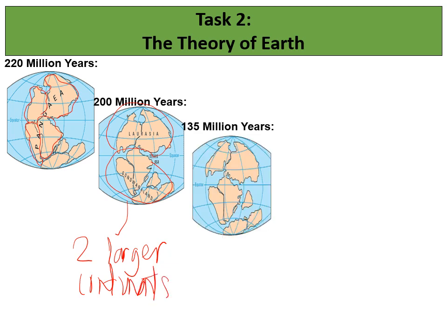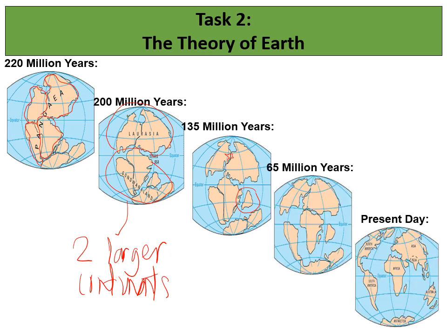And then 65 million years later, so 135 million years ago, there hasn't really been much change, except for maybe here you can see that this continent is kind of shifting away. It's separate now from this larger continent, whereas North America and Europe and Asia all seem to be combined.